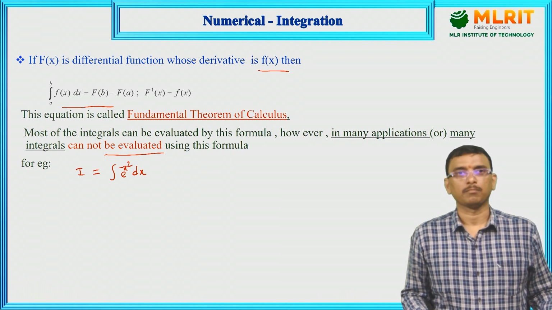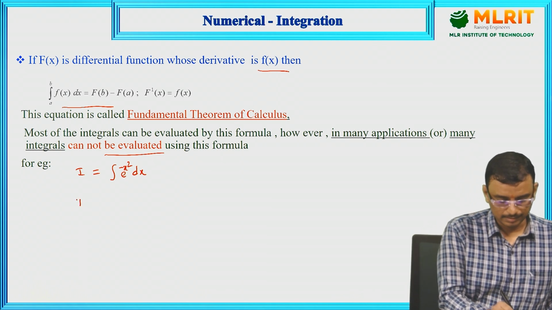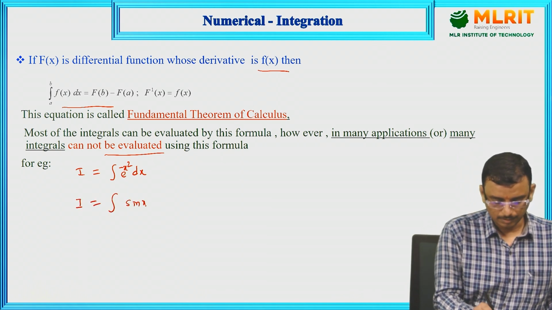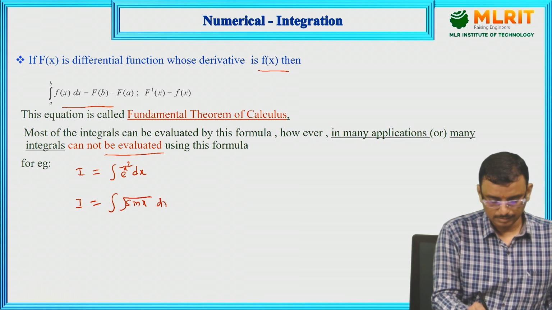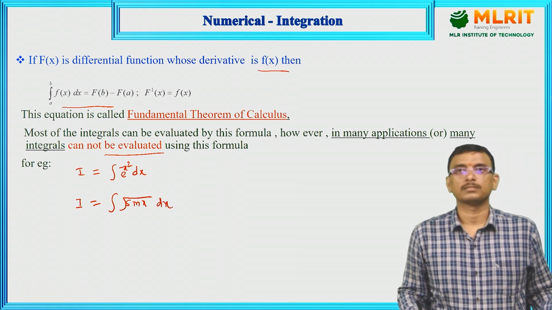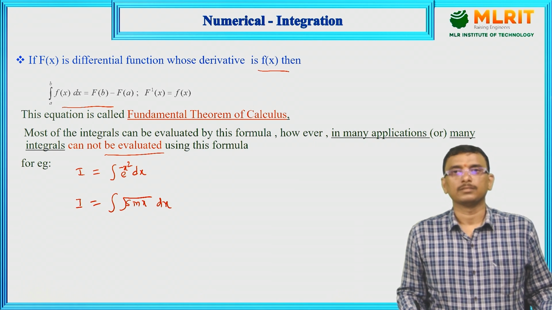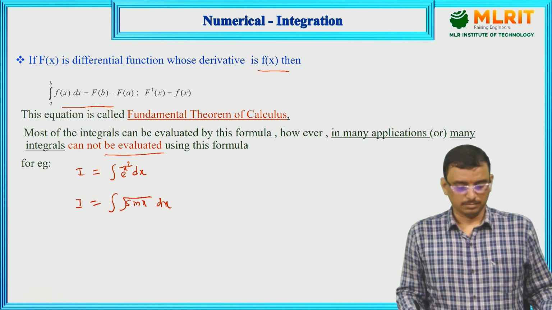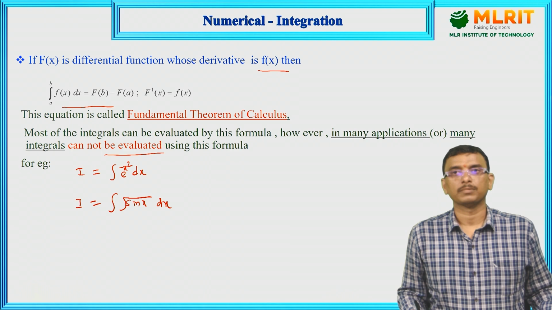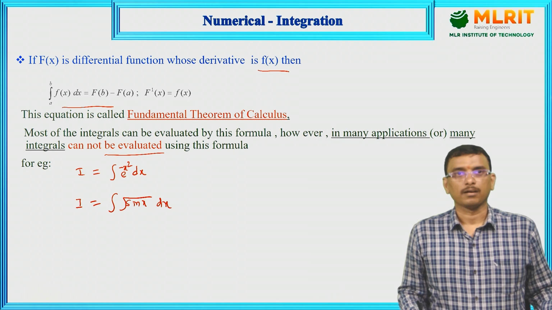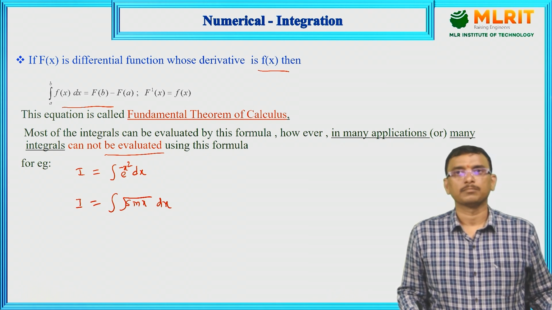Similarly, if I write I is equal to integral sine root x dx, it is also not possible to find the solution using analytical methods. So we use numerical integration methods to overcome this drawback.